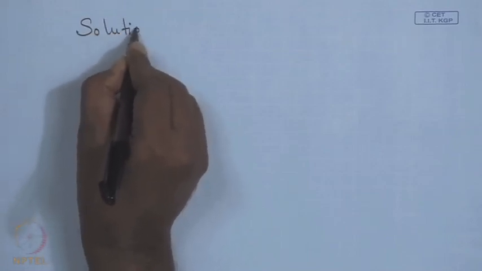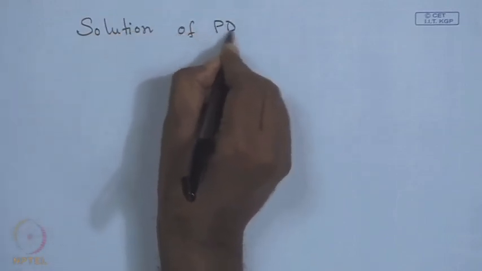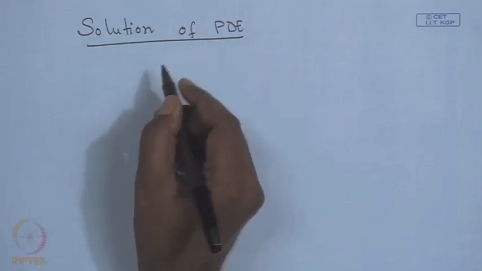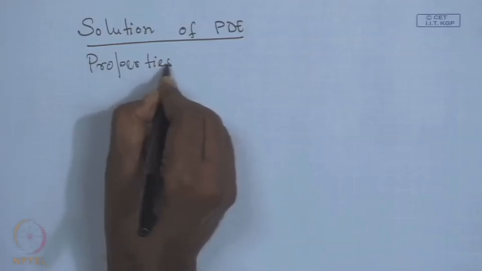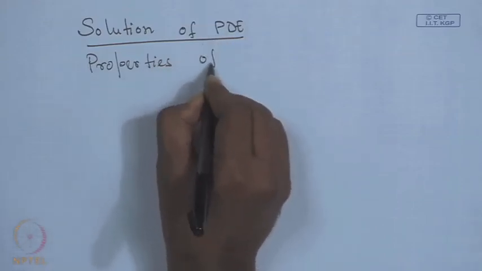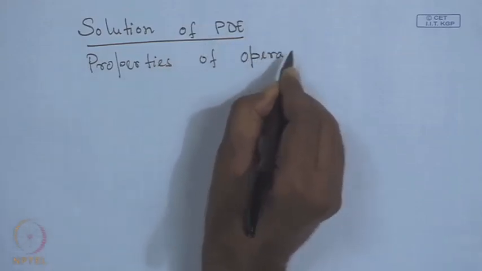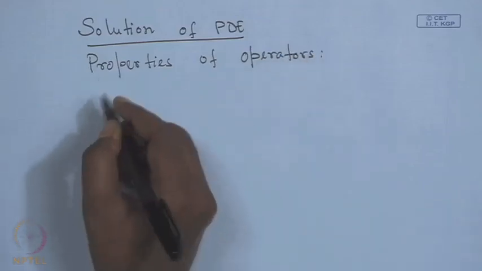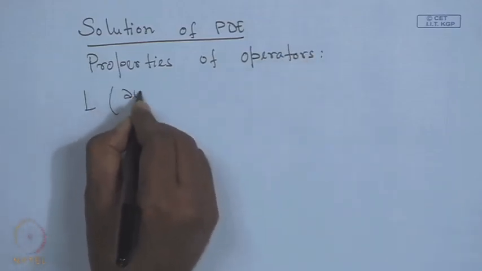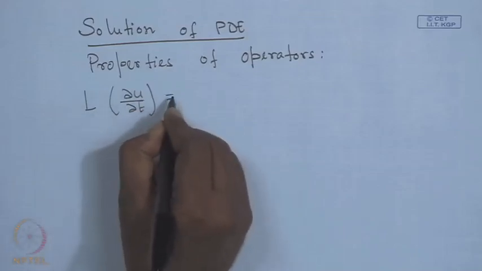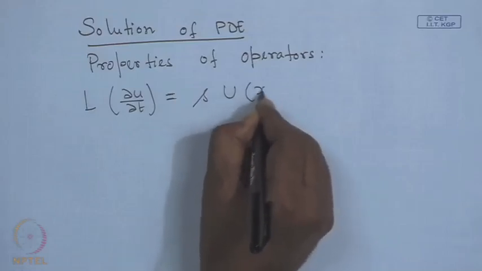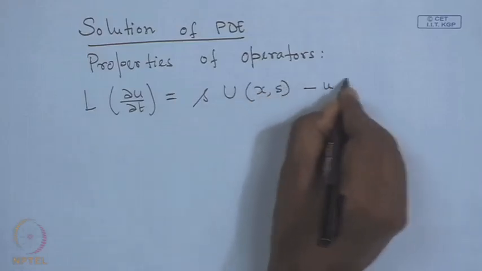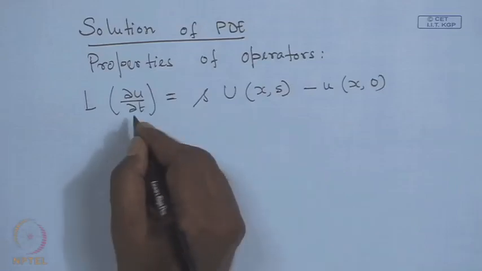Now, we will be looking into the solution of partial differential equations. For that, some of the properties of the operators need to be known. Laplace transform is always in the time domain. Laplace of del u del t is nothing but s times u of x and s minus u at t equal to 0.